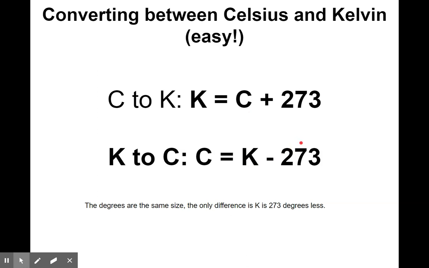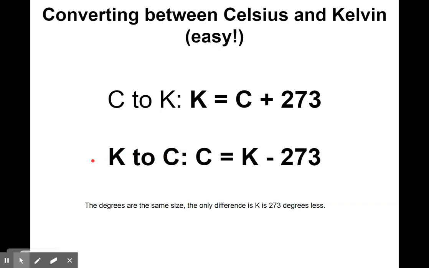So when you're converting, if you have Celsius, you just add 273 to get to Kelvin. And the reverse, if you have Kelvin and you want Celsius, you just subtract 273. Remember that the Celsius number is always going to be higher, because the zero is so much higher.